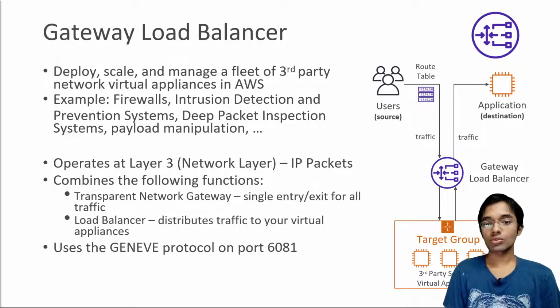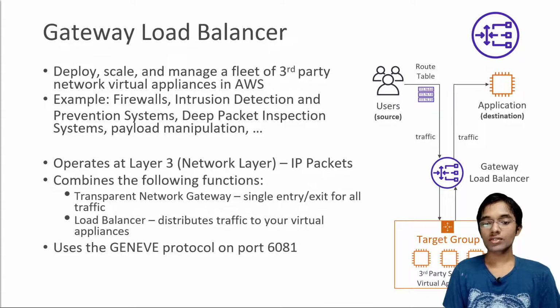The use case is to do firewalls, intrusion detection and prevention systems, deep packet inspection systems, or payload manipulations. It operates at the network layer, layer 3, directly on the IP packets, and it combines the following functions.